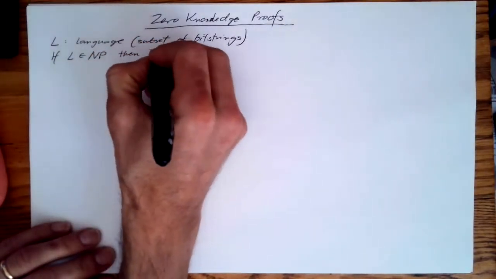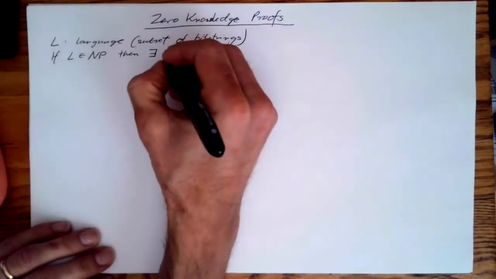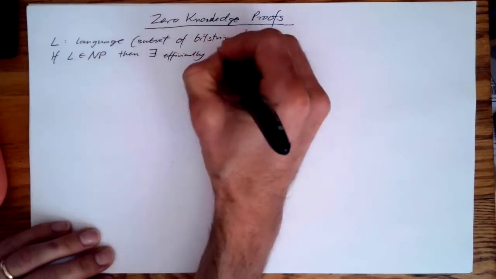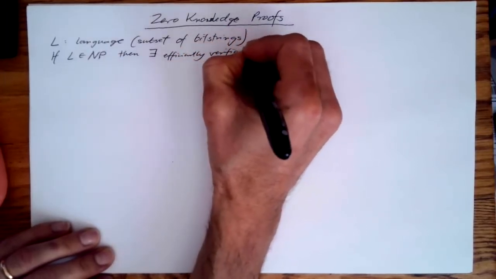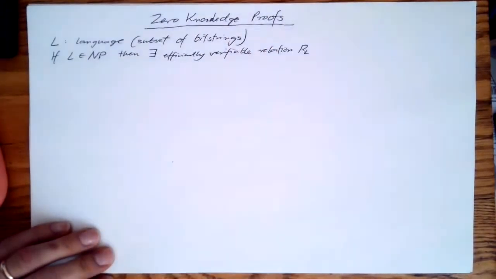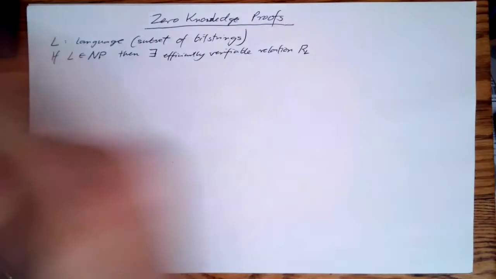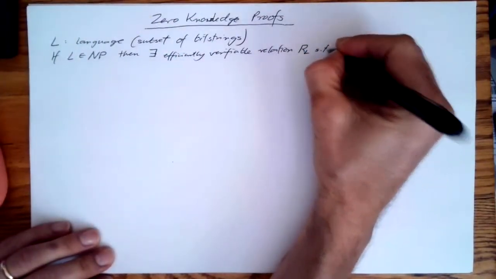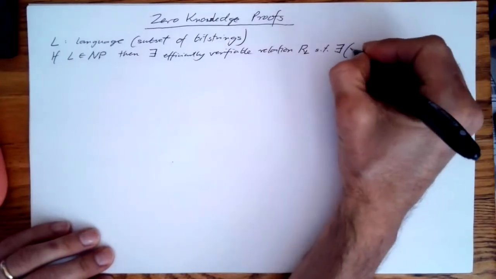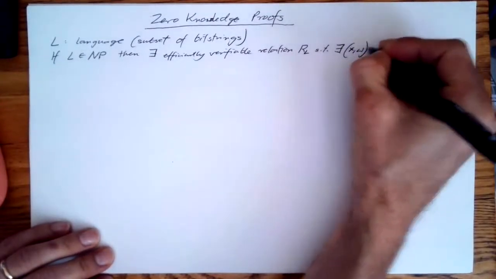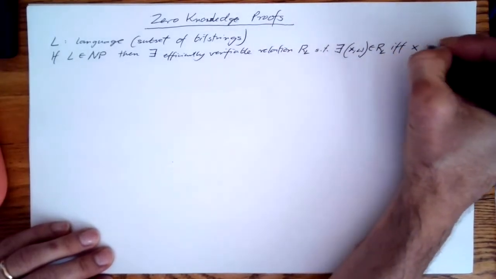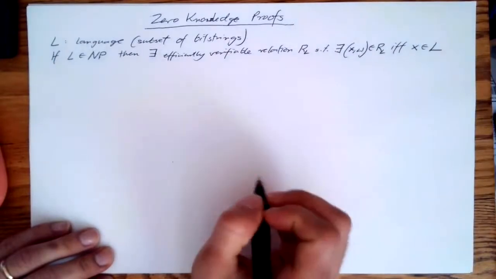Then there exists an efficiently verifiable relation R_L such that there exists a pair of x and w in this relation if and only if x is in the language.